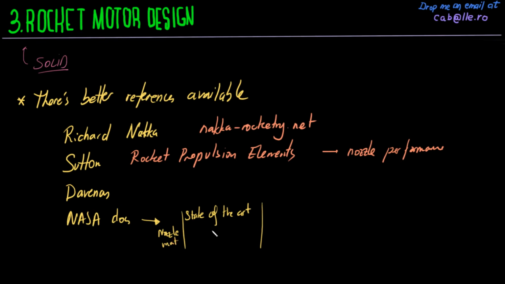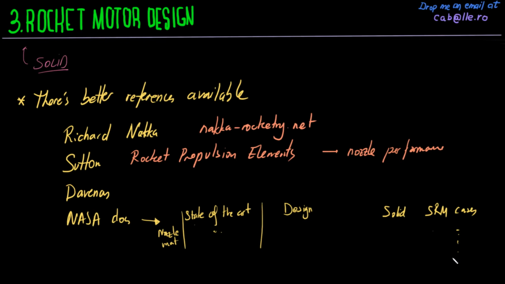Then there's design criteria. So you have the theory, and then the basic design criteria. I find it interesting to present a document this way. There are a lot of NASA documents out there available for downloading. So maybe one on solid rocket motor cases, propellant, and so on.